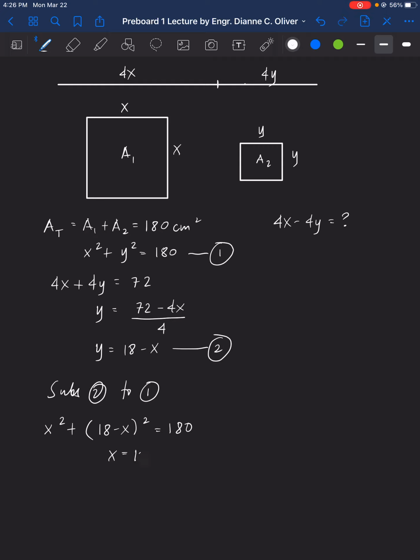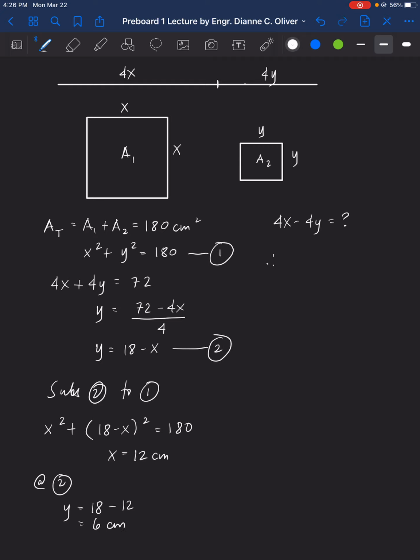So x is equal to 12 centimeters. At equation 2, you find that y is equal to 18 minus 12. So 18 minus 12 is 6 centimeters. Sorry, that is 6 centimeters.